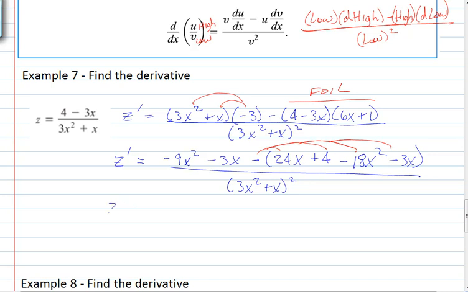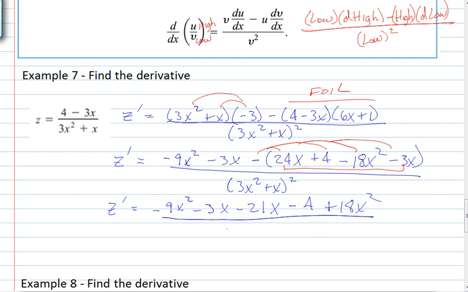So this is going to give us z prime is equal to negative 9x squared minus 3x minus, let's see, I have like terms in here. 24 minus 3 is a positive 21x, so that's going to be negative 21x because I went ahead and combined these two terms as well. Minus 4 plus 18x squared all over.